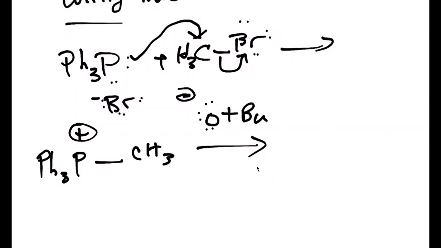All right. So what that's actually going to end up doing is pulling a proton off a carbon. Right, so this is where your ylide is going to come from. So I'm just going to pull off that one. Boom, like that. Give those electrons back to carbon.